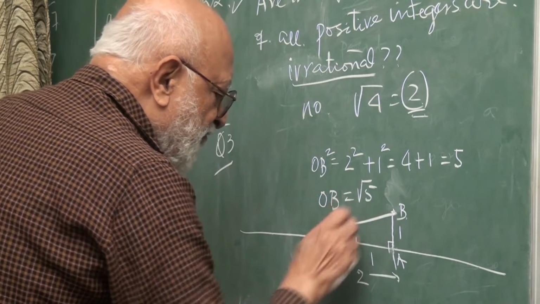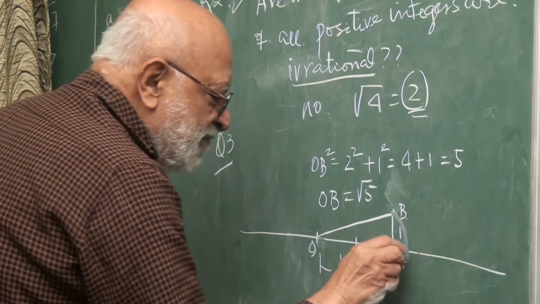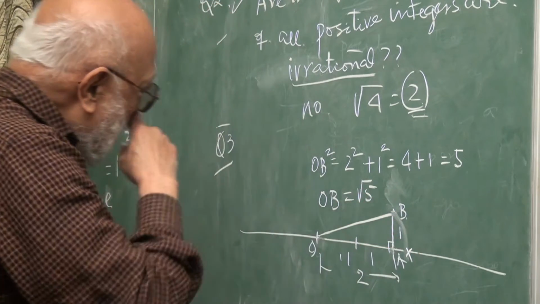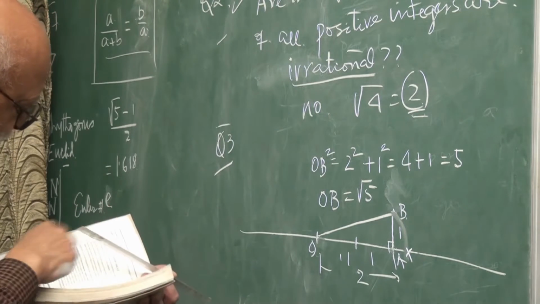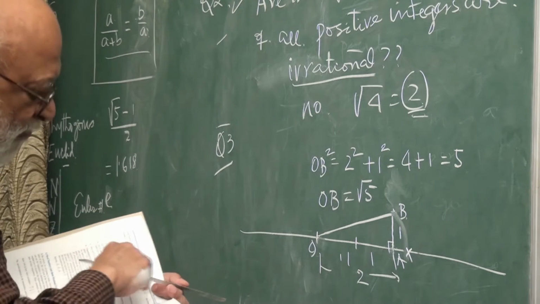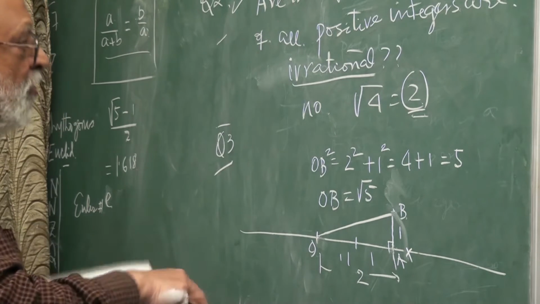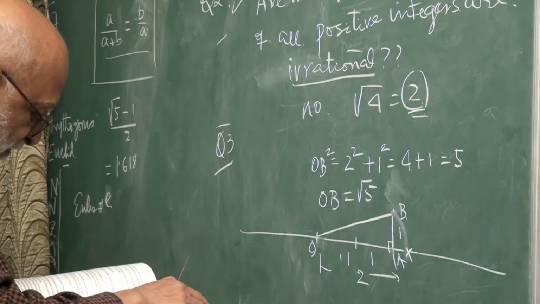So this is the length of root of 5. I'll take it and put it on the number line. So question number 3 is over. And then again the square root spiral, the classroom activity, we have gone through that. So exercise 1.5 is over.